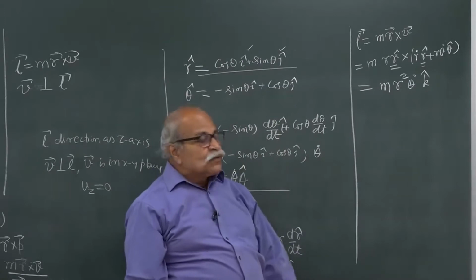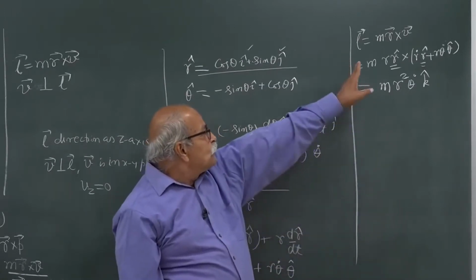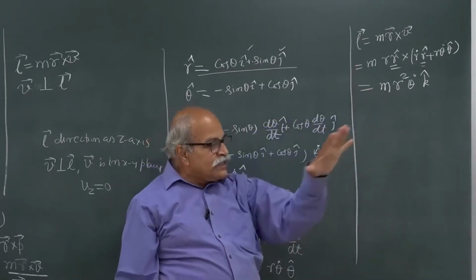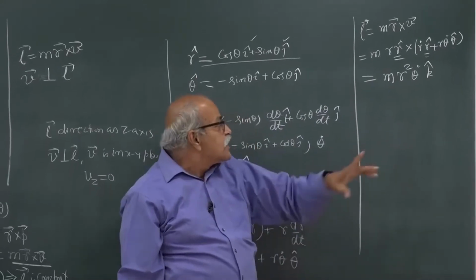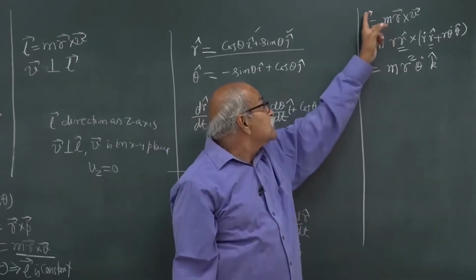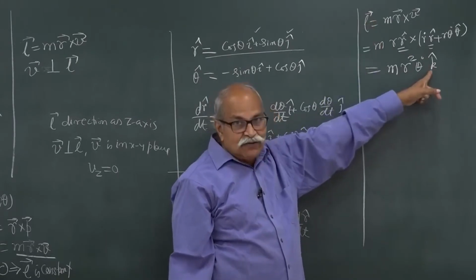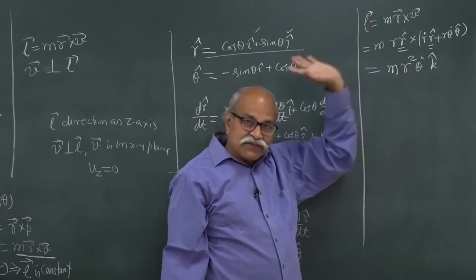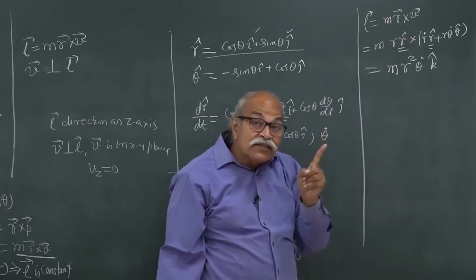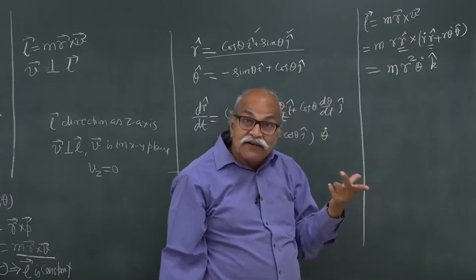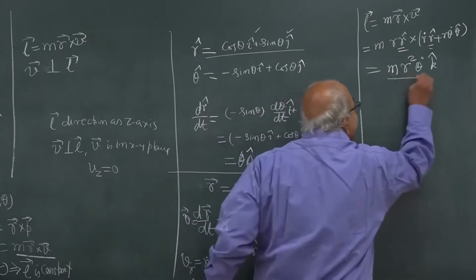Okay. So, we have already shown that the whole motion is in the xy plane and angular momentum is taken in the z direction. So, that comes out in the z direction, very good, very nice, and the direction is fixed. Magnitude is also fixed, L vector is a constant vector, and here is the magnitude.